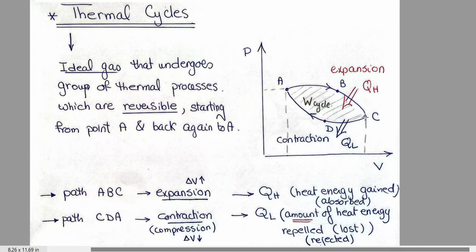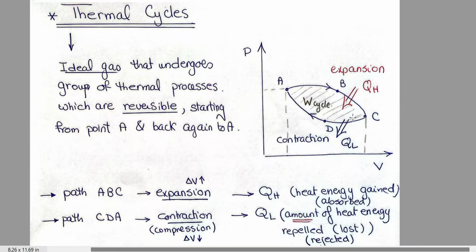Now, the second part of the cycle is the contraction part. I have to contract or compress the gas so as to return back to the same point. To contract the gas through the path CDA, this path is called contraction because the volume is decreasing. To decrease the volume, we remove an amount of heat from the gas.